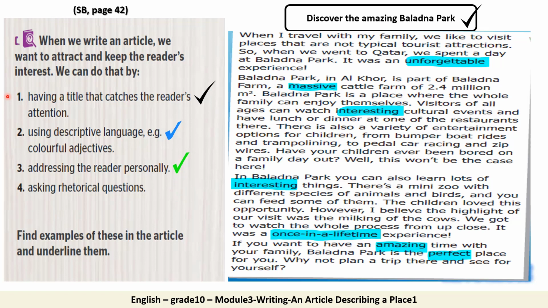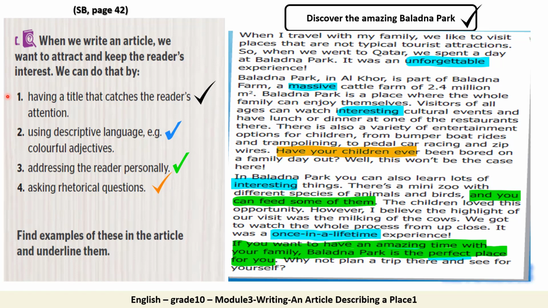You can also address the reader personally. For example, you can say, and you can feed some of them. Or, if you want to have an amazing time with your family, Baladna Park is the perfect place for you. You may also ask rhetorical questions. For example, have your children ever been bored on a family day out?